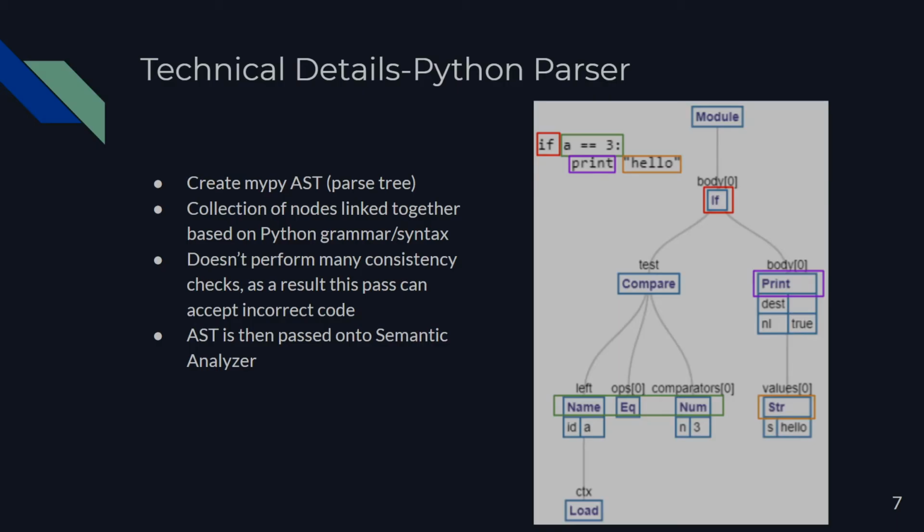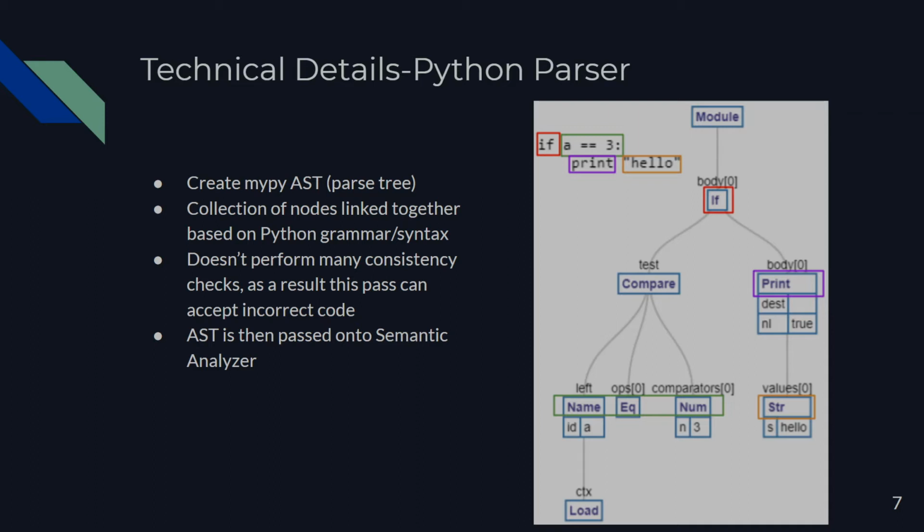All right, and then moving on to more in-depth technical details, starting with the Python parser. Again, this step creates a MyPy AST or parse tree. You can see an example of that on the right for a pretty simple example. But if this was more complex, say hundreds or thousands of lines of code, this would be a giant AST.